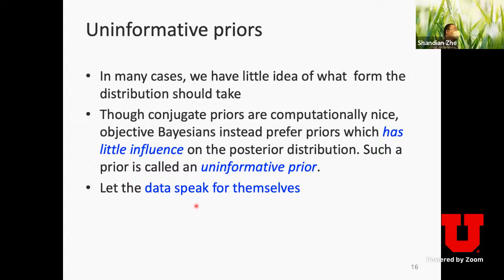This is the idea of uninformative priors. This is particularly useful when you don't have any knowledge or any strong preferences over some unknown latent variables or model parameters, and you want your data to speak for itself. At the same time, you want to use this principled Bayesian framework to estimate the posterior distribution rather than construct all kinds of estimators.